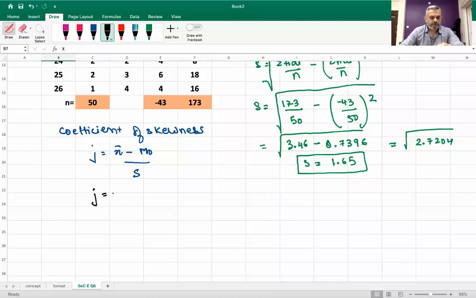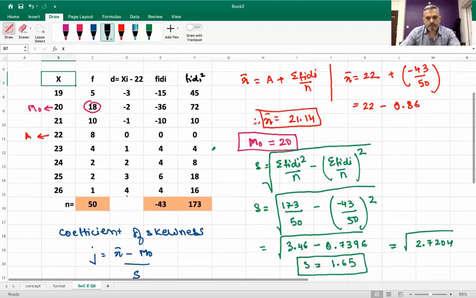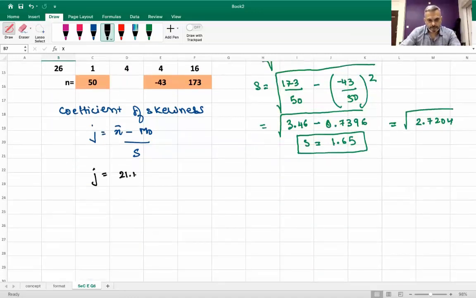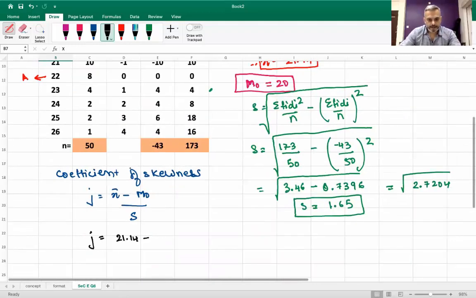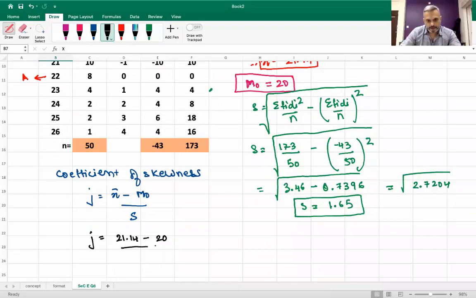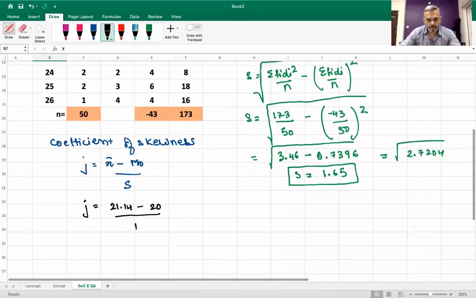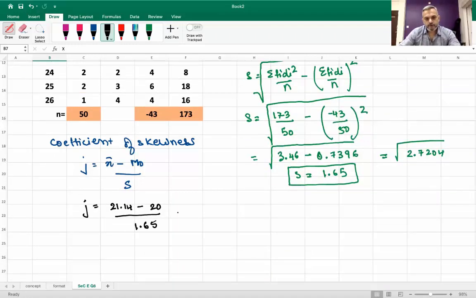So coefficient of skewness is equal to mean, which is 21.14, minus mode, which is equal to 20, and upon standard deviation, which is equal to 1.65. So which is equal to 0.6909. So 0.69.